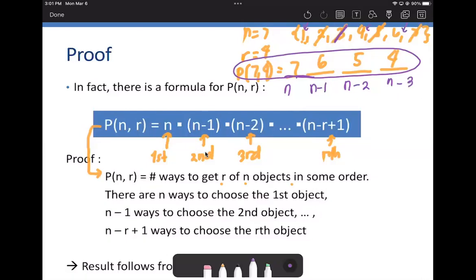Basically, this is equivalent to N minus 1 minus 1, so that is equivalent to N. This is equivalent to N minus 2 minus 1, and then this is equivalent to N minus 3 minus 1, and this is equivalent to N minus 4 minus 1, which is equivalent to N minus R plus 1. N minus R plus 1.